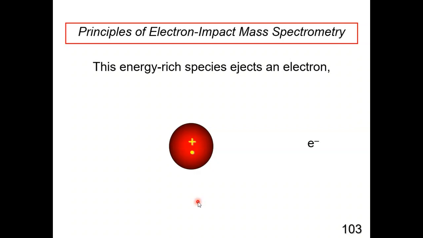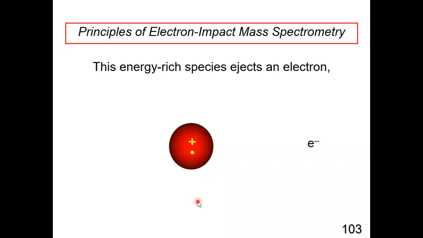This cationic radical is called a molecular ion. Compared to the molecule itself, it has almost exactly the same mass because an electron does have a mass, about 1/2000 of a proton's mass.